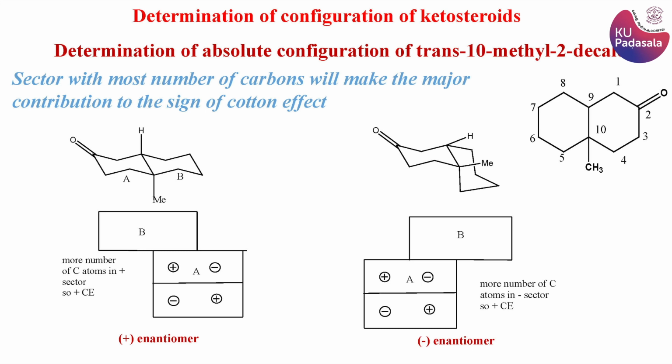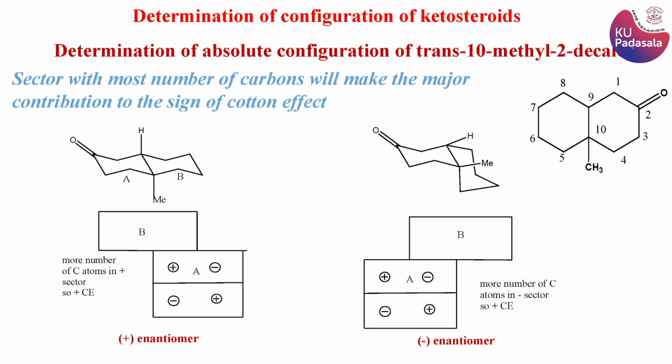Because this is a chromophore which is inherently achiral, but due to the presence of chirality in the adjacent position, this chromophore is chiral. So, therefore, rear sector signs are important, and the rear sector is the one which contributes to the Cotton effect.